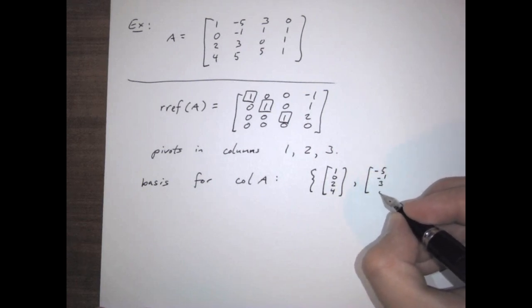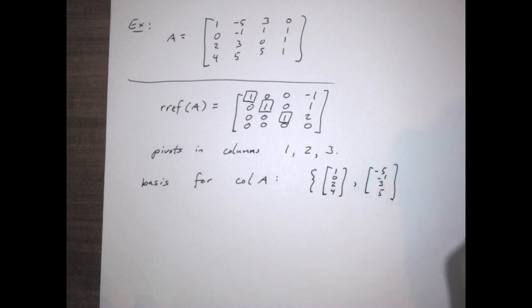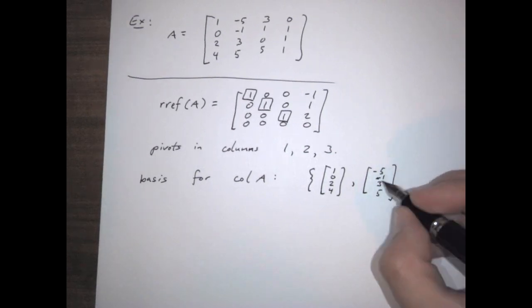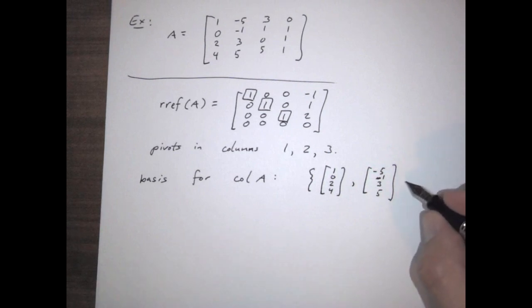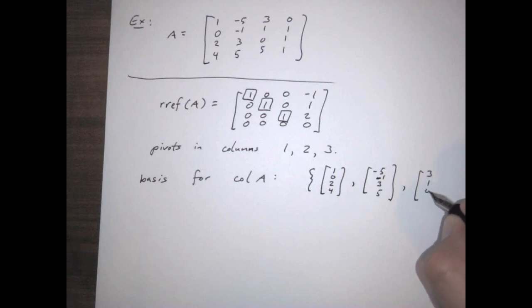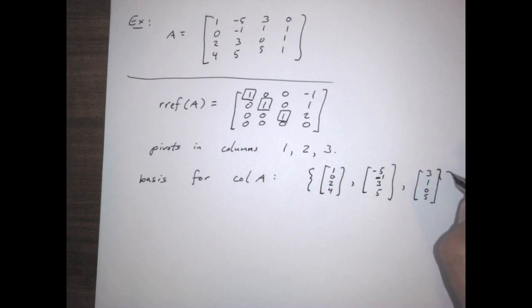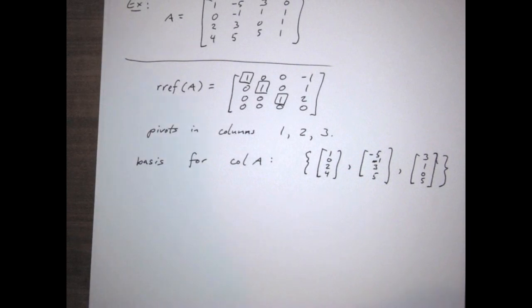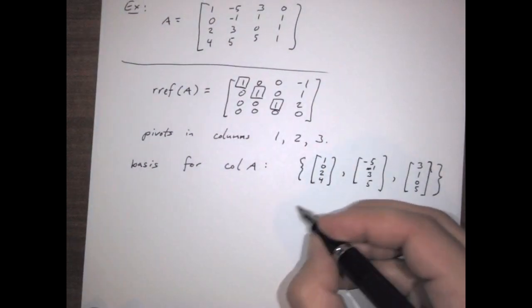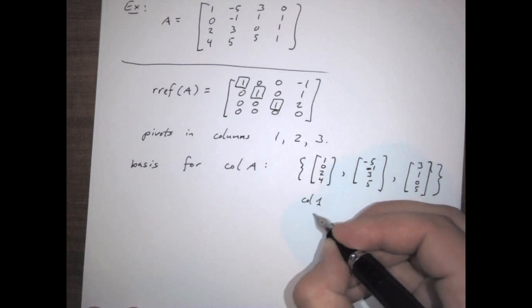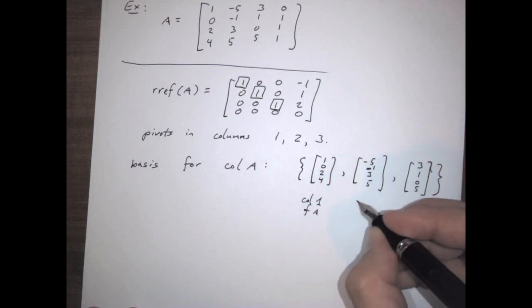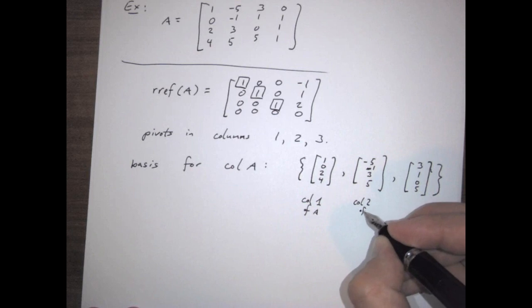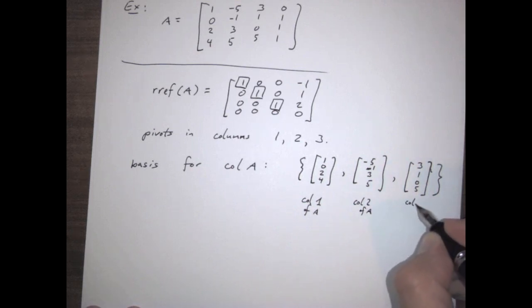We use the row-reduced matrix to figure out where the pivots are, and then those are the columns that will form our basis. And the proper formatting for a basis is, it is a set of vectors, so you should actually say with set braces, a set that contains this vector, this vector, this vector: column 1 of A, column 2 of A, and column 3 of A. That's where these come from.